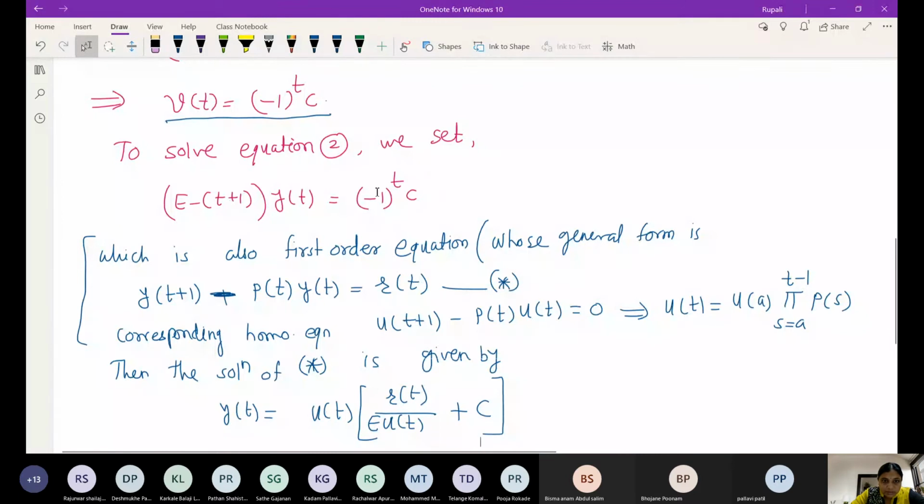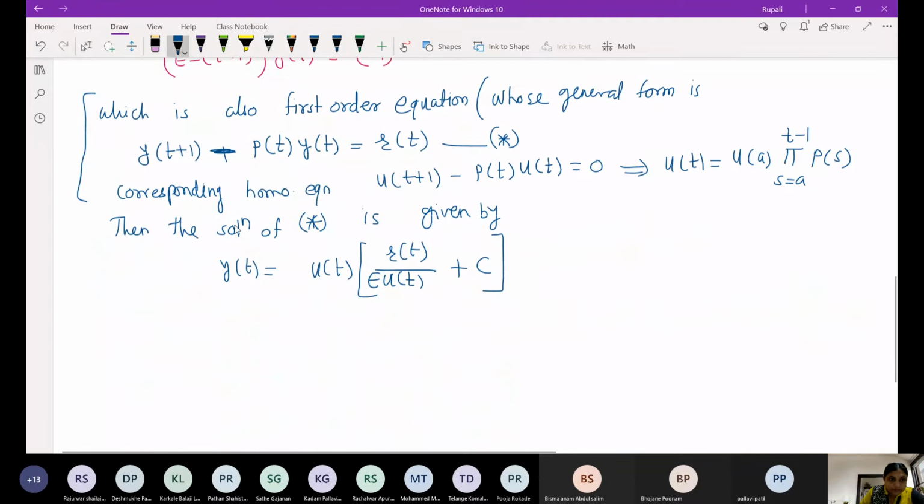My R of t is minus 1 raised to t times c. And what is my p of t here?